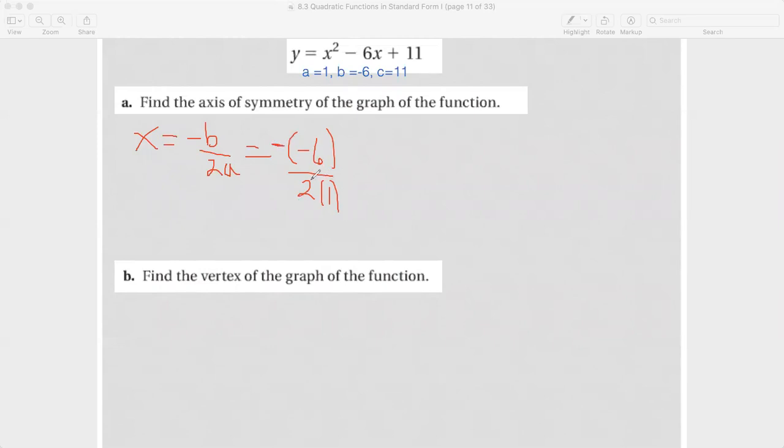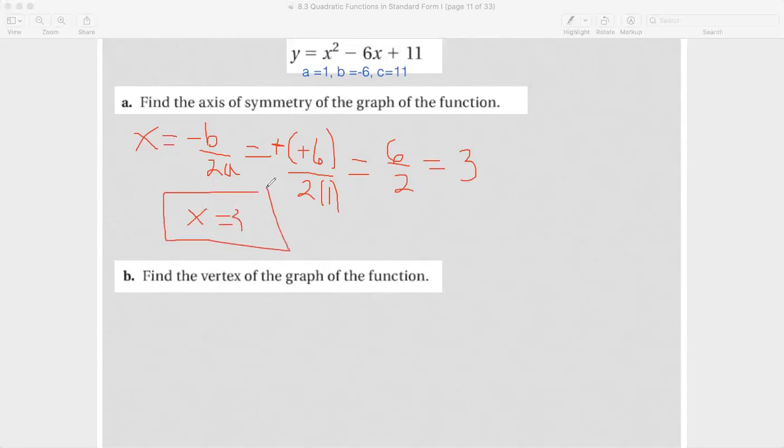So this is a piece I take my time on. Plus, if you get this answer wrong, then your vertex is going to be wrong because B relies on A to be correct. So now I'm going to clean it up. 2 negatives make a positive. So it turns into 6 over 2, which turns into 3. So my axis of symmetry is x equals 3.